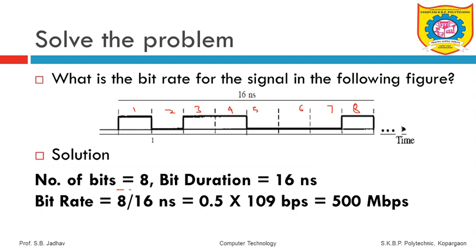So the number of bits is 8, and the bit duration is given, and by using this we can calculate the bit rate.